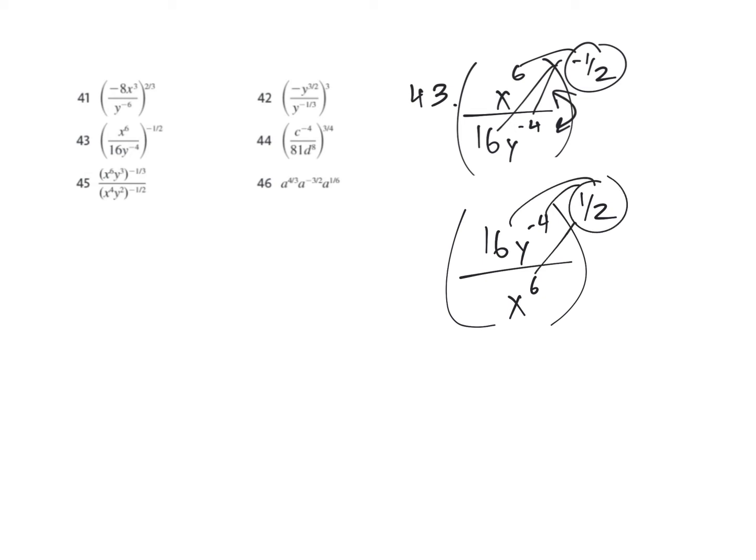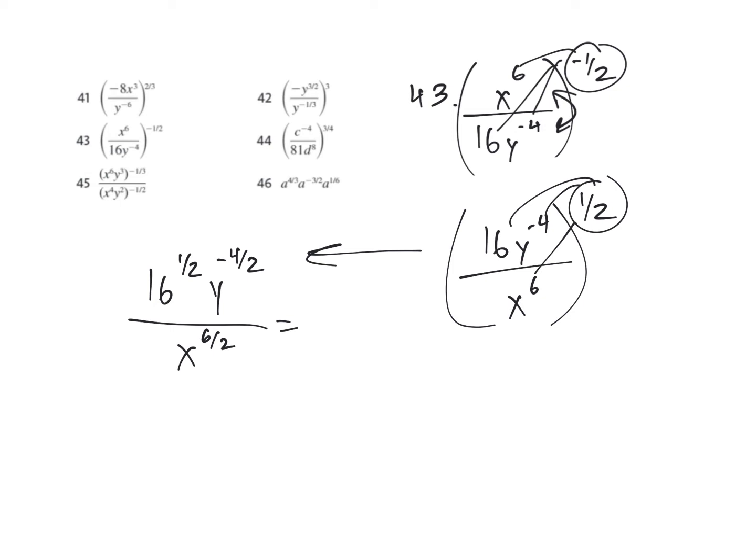Now distribute the positive 1/2. 16 to the 1/2, y to the negative 4 halves. And on the bottom you have x to the 6 halves. 16 to the 1/2. The 1/2 is a square root.